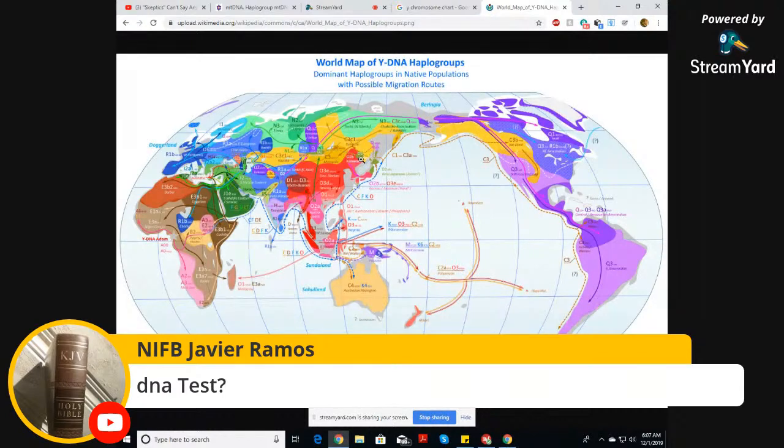And there's D2s over here, and there's D2s over here in Japan. So these are Tibetans here. These are population in China. And this is the population. The northern Japanese, I guess, are descendants of Ham. And the other ones are Japhethites, the O2s and the O3s.